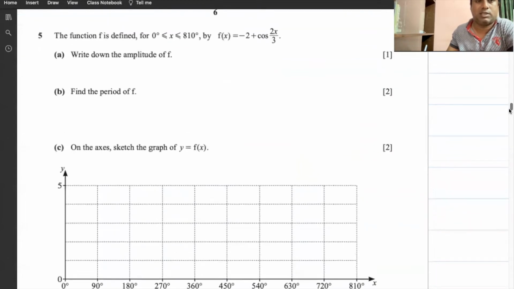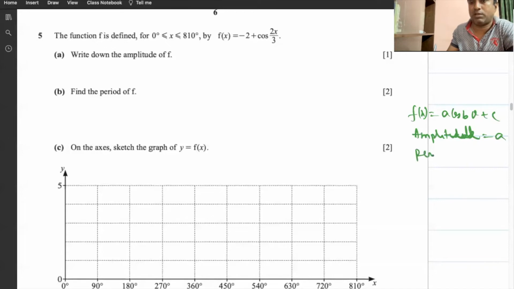We are asked to find the amplitude and period. Let me give one example: f(x) equals a cos(b theta) plus c. Here the amplitude is a, and the period is 360 divided by b.